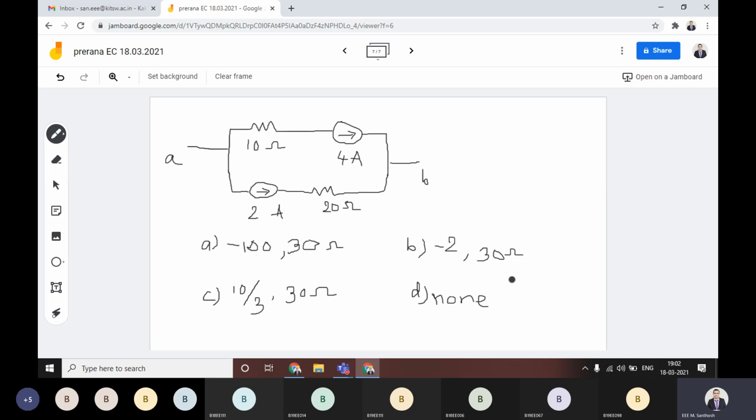At least guess. None of the above, sir. How are you telling none of the above? It is the correct answer, none of the above. Resistors are in parallel, sir. So we won't get 30 ohms.